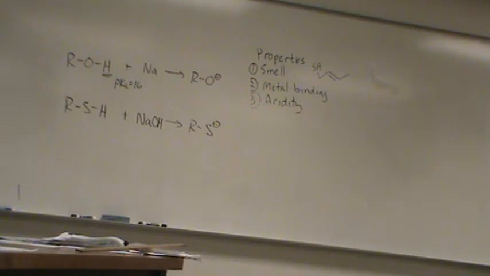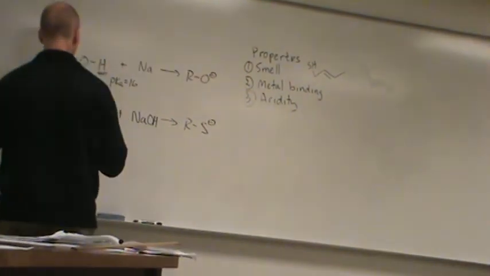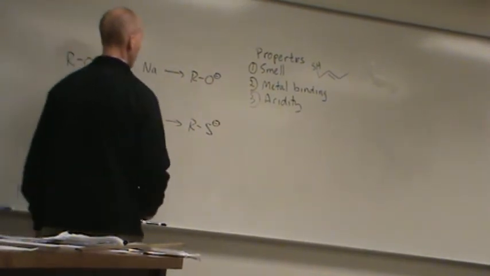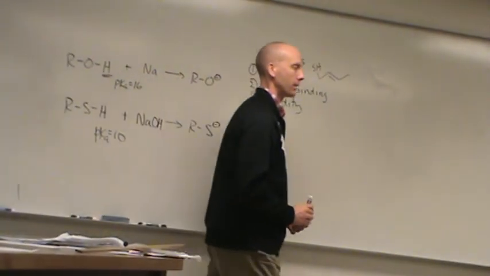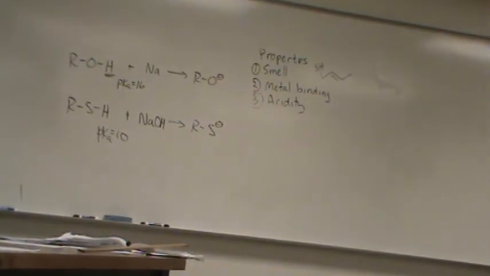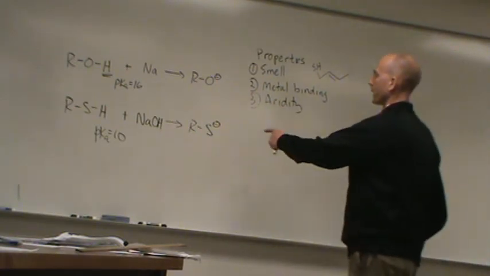More. Okay, they turn out to be more acidic, pKa around 10. Why do you think these things turn out to be more acidic? What do you look at? We look at the conjugate base.